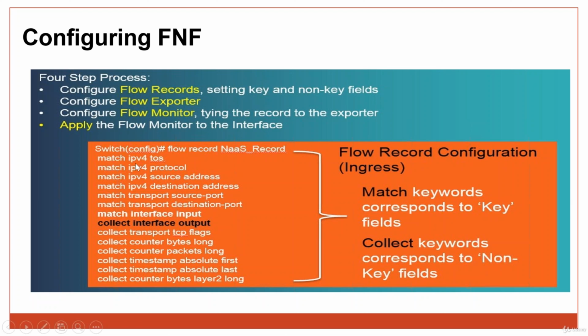Anything that starts with the match option will be the key field. So TOS, type of service, protocol, source address, destination address, port number, etc. Then anything that is collecting starts with the collect option, and that will be the non-key item. Correct? So TCP flag, byte count, packet count, absolute first, etc.